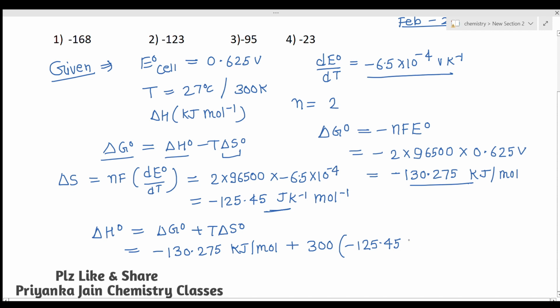Multiply it by 10 to the power minus 3, so it becomes kilojoules per Kelvin per mole.